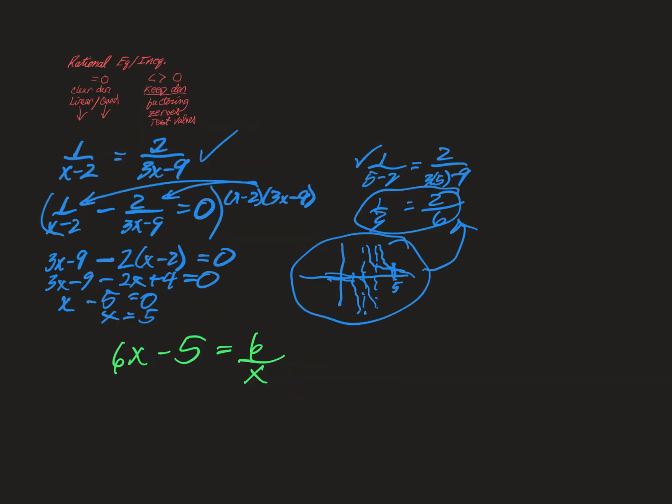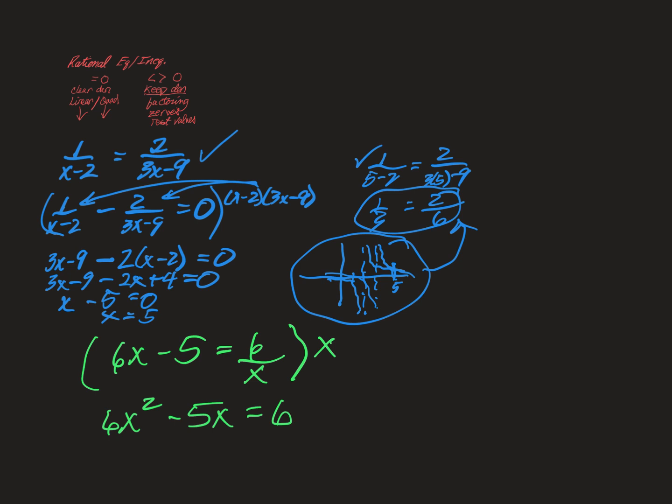Now, just really quickly, here's a rational equation. We want to clear the denominators here, or we can set it equal to 0 and do it, or we can do it first. So we're going to multiply by the common denominator, which is x. Right away on this one, we get 6x squared minus 5x equals 6.